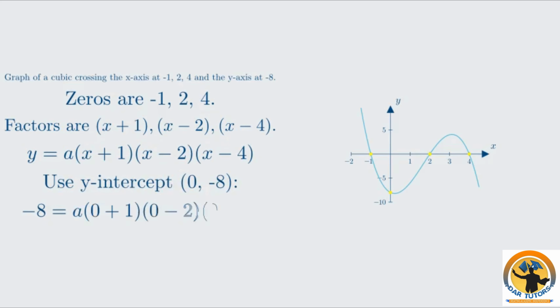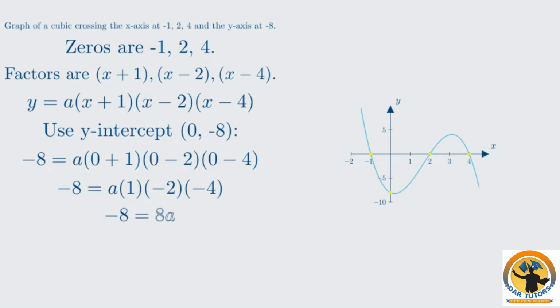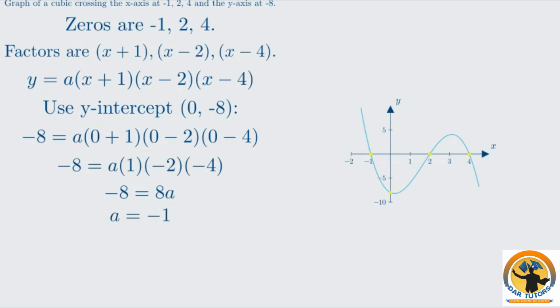To find the value of a, we use the y-intercept. When x is 0, y is -8. Substituting these values, we get -8 equals a times 1 times -2 times -4. This simplifies to -8 equals 8a, so a equals -1.